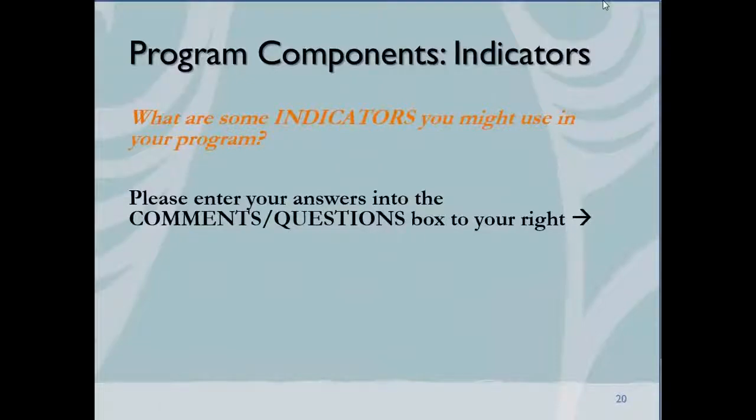So similarly, I'd like to ask you to post on the right-hand side in the comments and questions box some of the indicators that you might be using in your programs. College readiness is the first one that comes up.